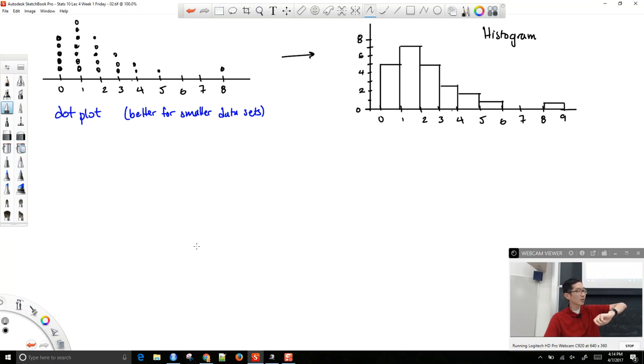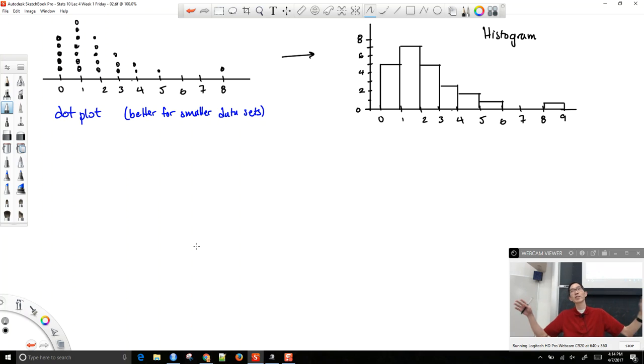Probably if one school has 4,238 students, I might come across another school with exactly 4,238 students, but chances are I won't find another school with that exact amount. Maybe another school has 4,250 students. With a dot plot, every tick mark is a separate number, so you're going to have just one dot at 4,238 and one dot at 4,250.